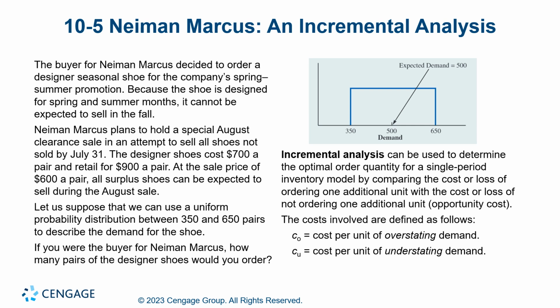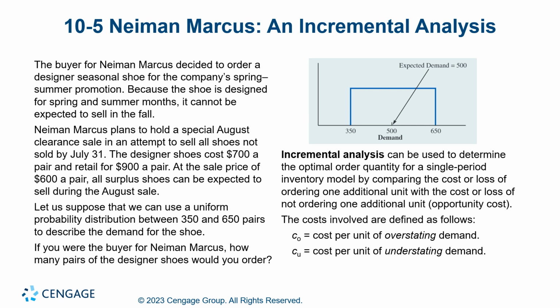Let us suppose that the uniform probability distribution is used for this example. In particular, note that the range of the demand is between 350 to 650 pairs of shoes, with an average or expected demand of 500 shoes, which is in the middle here.